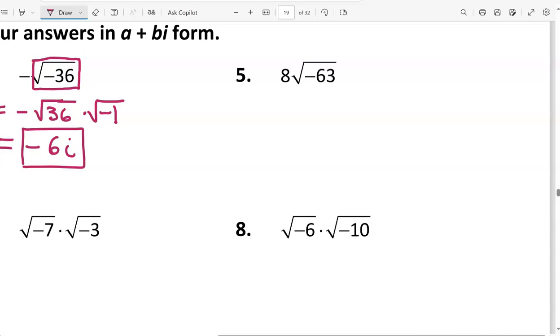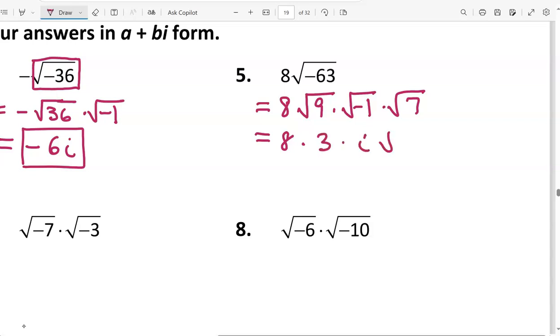In 5, we have 8 times the square root of -63, so I'm going to bring down that 8. I'm going to pull out a perfect square of 9, and a square root of -1, and that will leave us with a square root of 7, so that's 8 times 3 times i times the square root of 7, or 24i times the square root of 7.